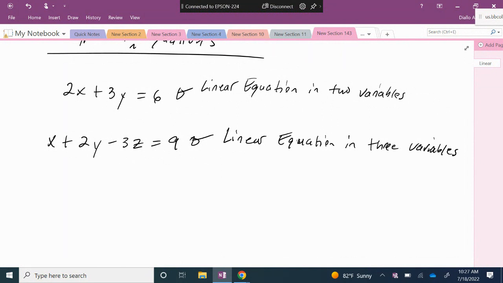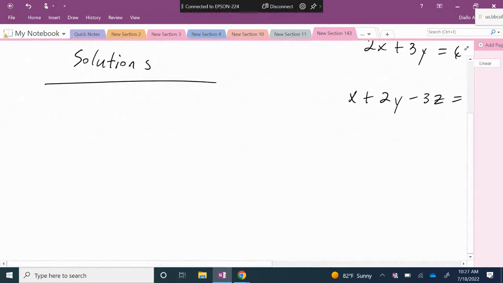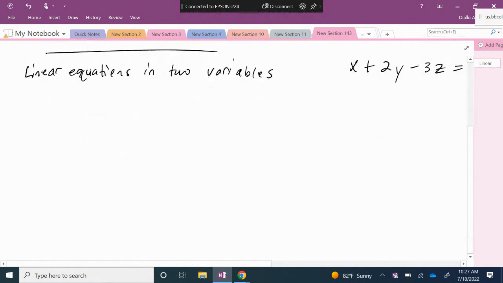So we're going to look at the linear equation in two variables and their solution. If we take two linear equations, we're going to graph them. I'm going to call one of the linear equations L1. Keep in mind these are on an XY axis.